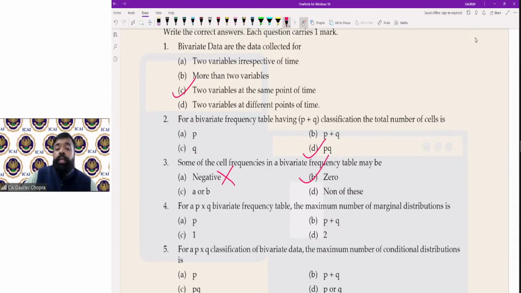Fourth one, for a P into Q bivariate frequency table, maximum number of marginal distribution. तो marginal हमने पढ़ा था, it is only 2. जितने variable उतने marginal distribution. So answer is 2. 5. For a P into Q classification, the maximum number of conditional distribution. कंडीशनल डिस्ट्रीब्यूशन कितने होते हैं? रोज प्लस कॉलम्स, तो P प्लस Q, ऑप्शन नंबर B.